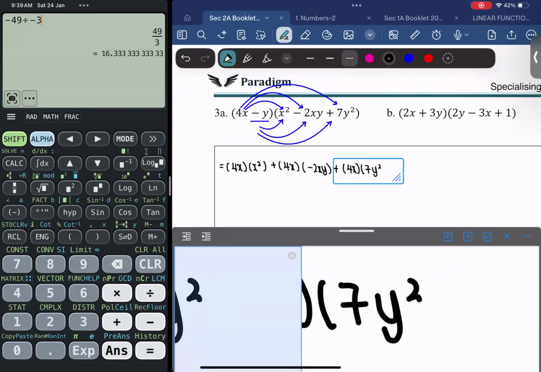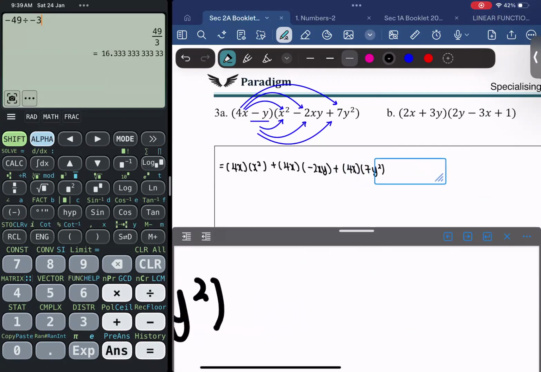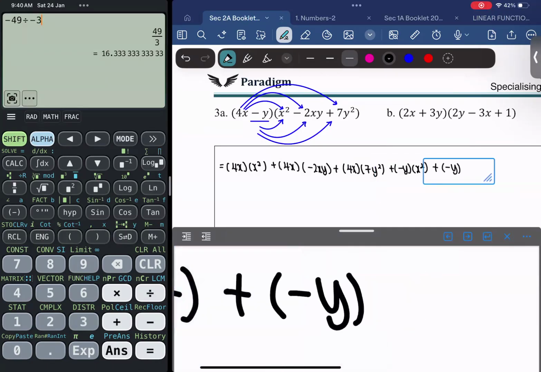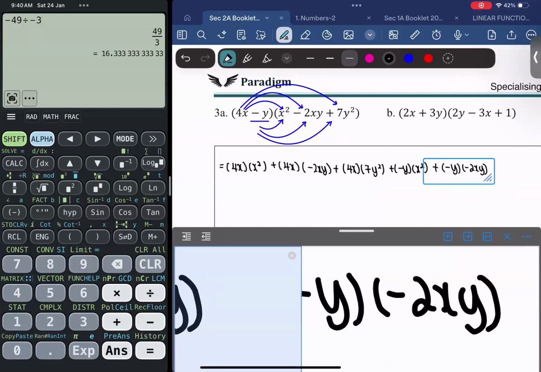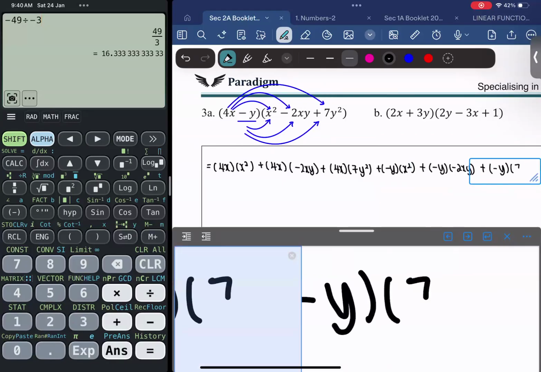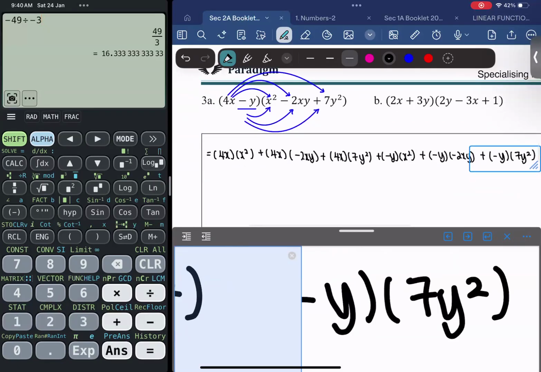It's just that this method is a bit lengthy. And when you move on to the negative y, the bottom rainbow: plus negative y times x squared plus negative y times negative 2xy plus negative y times 7y squared. So this is how the working looks like.